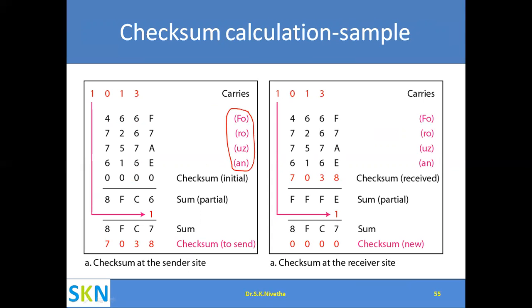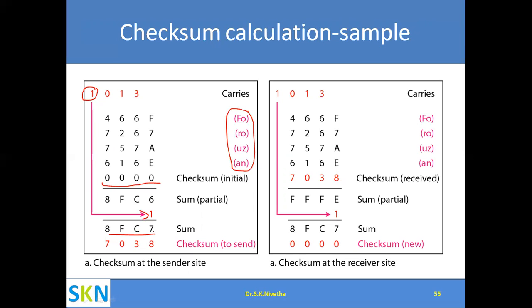The complete word is arranged like this. The initial checksum is added as all zeros, and we calculate the normal sum, hexadecimal addition. We will have one carry, so that is wrapped around here, and the wrapped sum is calculated.